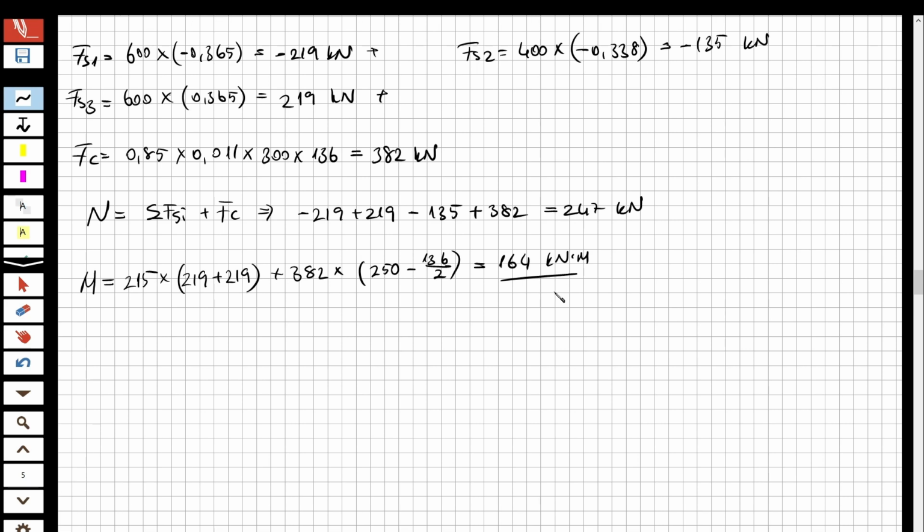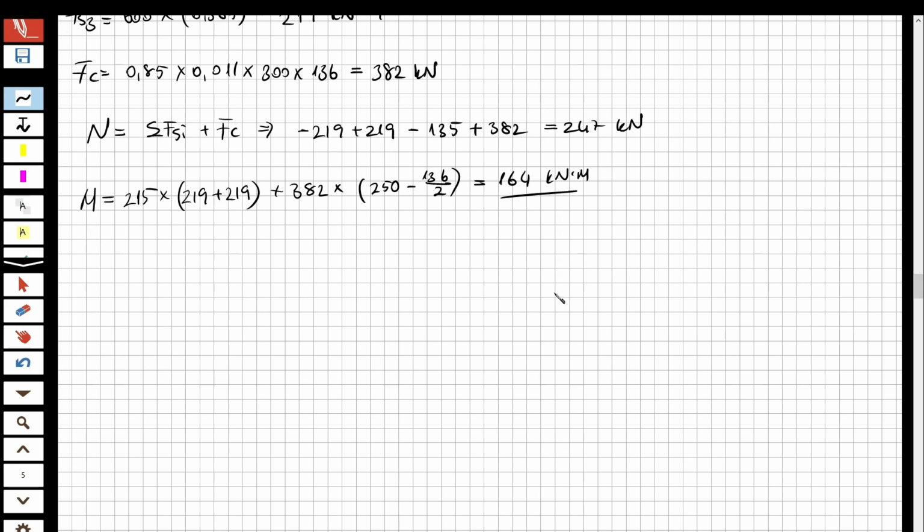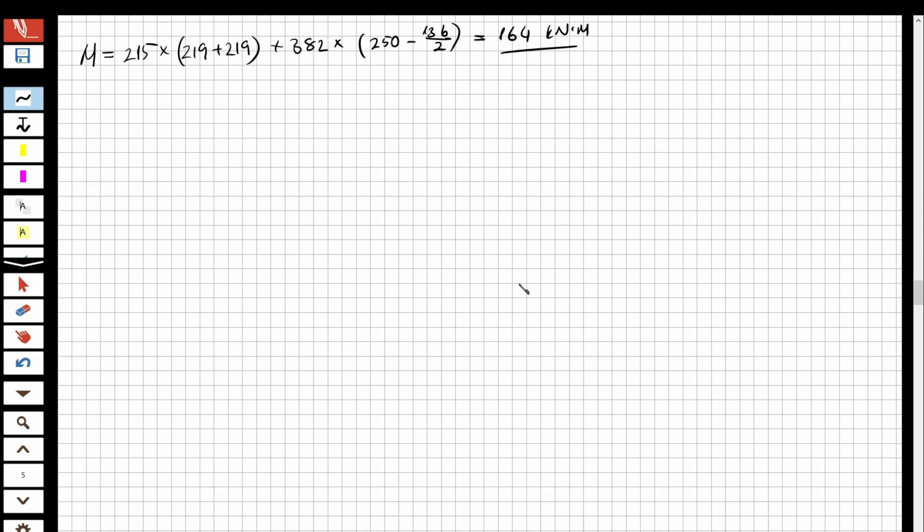Now we are just going to draw the interaction diagram, and I have the moments on my hand. So let's write the moments here. For the interaction diagram, for example, when the moment was 0, the actual force was 1986. This is the moment, and this is the actual force.